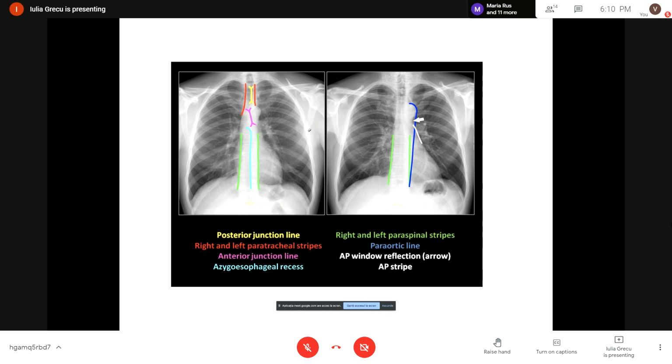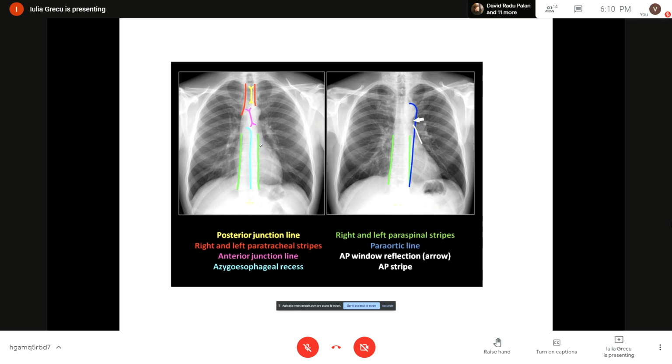So sometimes when we have different kinds of pathology, for example, a tumor developing somewhere near the edge of the trachea, it will determine bulging of one of these paratracheal stripes.